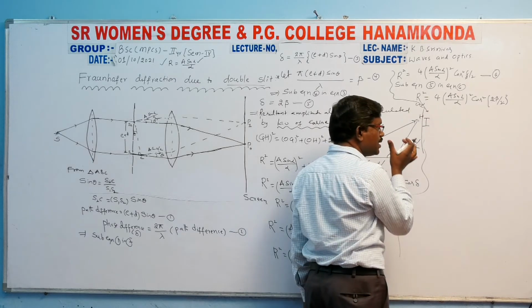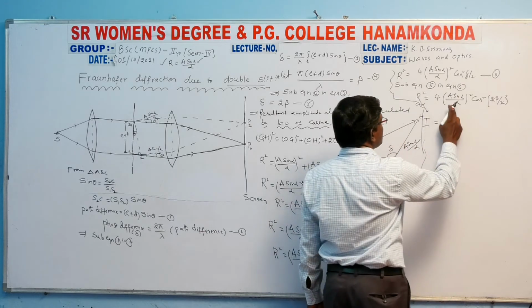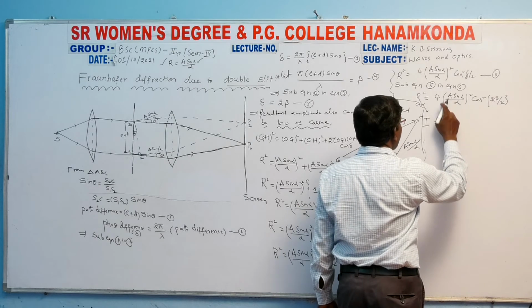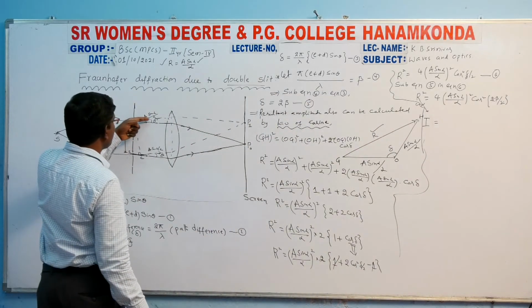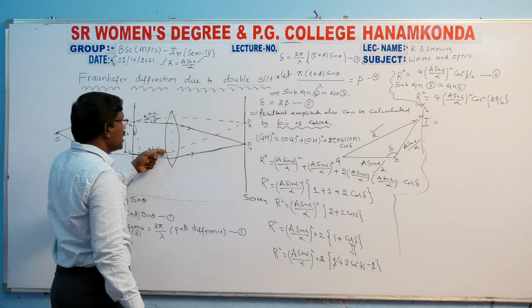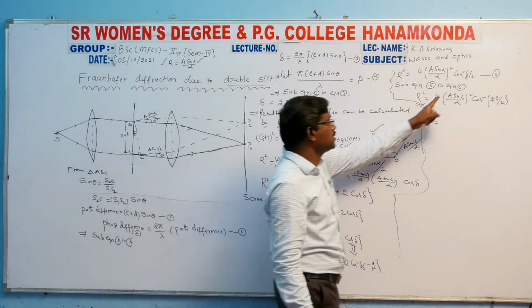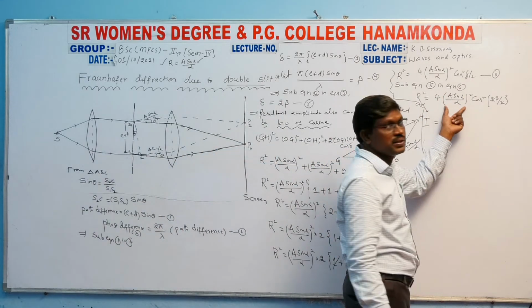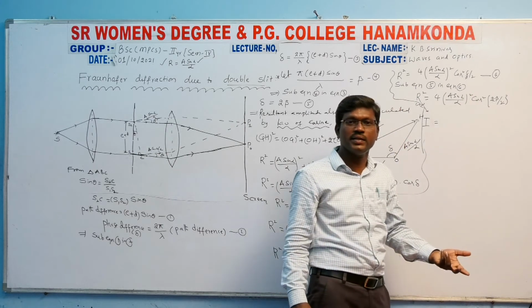The resultant intensity at P1 is I, and this also represents amplitude squared. A sin alpha by alpha is the amplitude of the individual waves, and these amplitudes are squared here. This total term represents amplitude only. When amplitude is squared, again we get intensity.